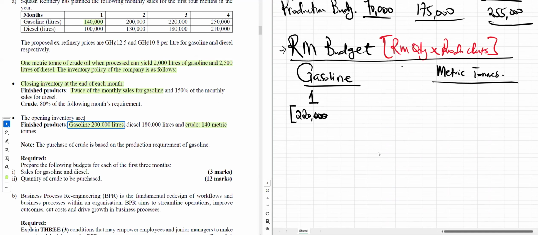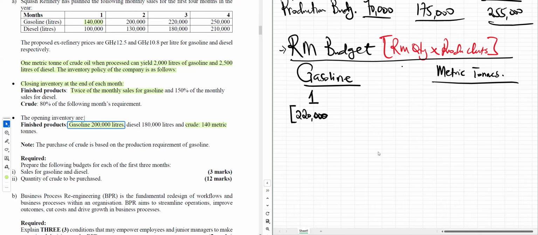But they are saying that 1 metric ton of crude oil, when processed, can yield 2,000 liters of gasoline. So you have to think, how many liters? Because they are saying 1 ton can yield 2,000 liters.